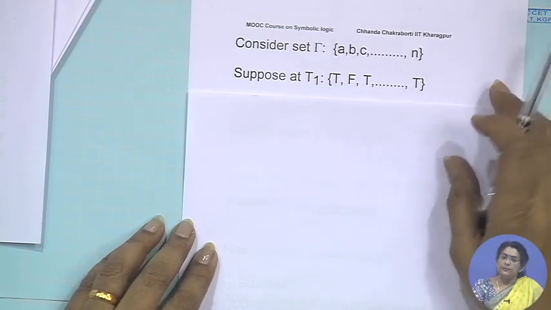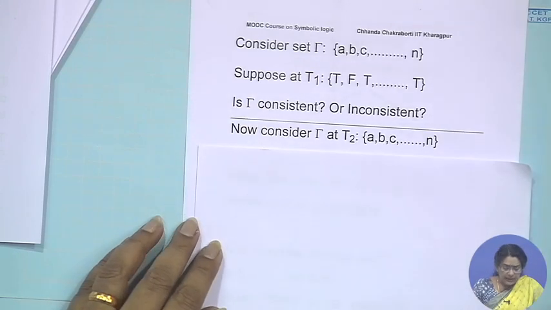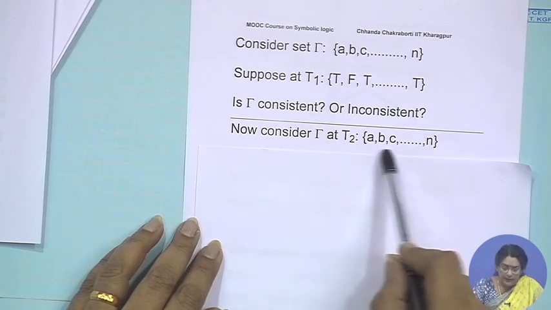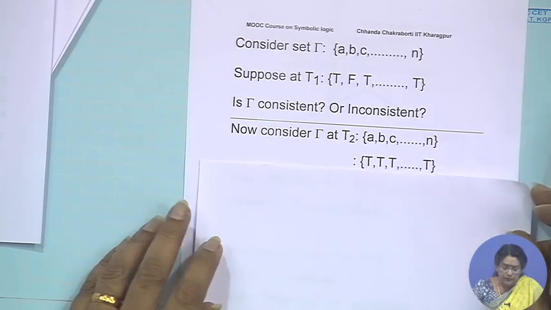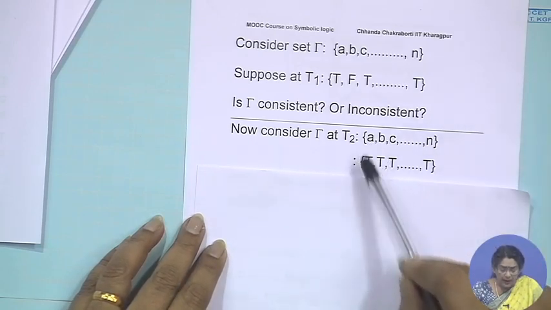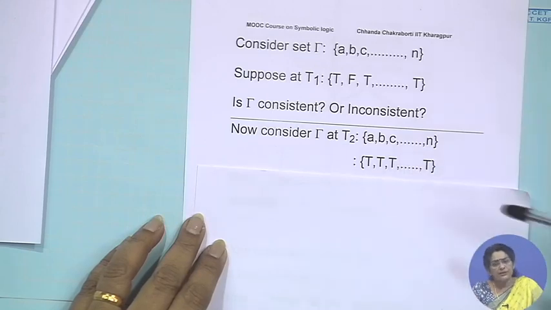Fine. Let me give you another example. Let us consider the same set gamma at t2, where you have the same members, but the truth values have changed. At t2 now A is true, B is true, C is true, and the entire set is true, I mean every member is true.